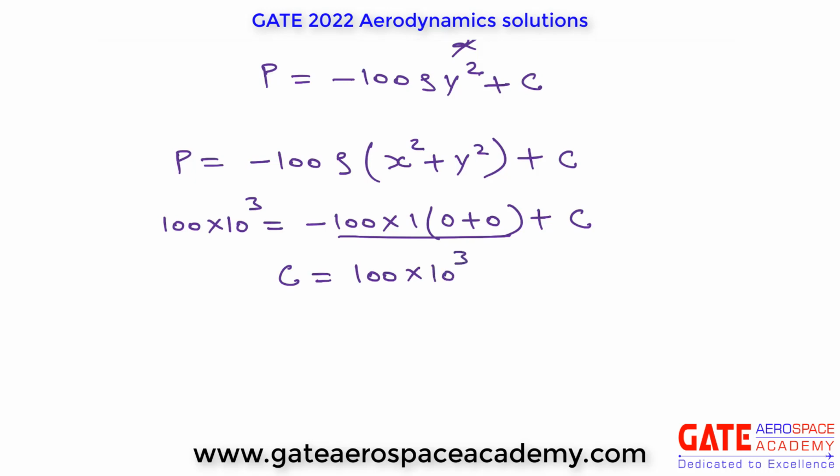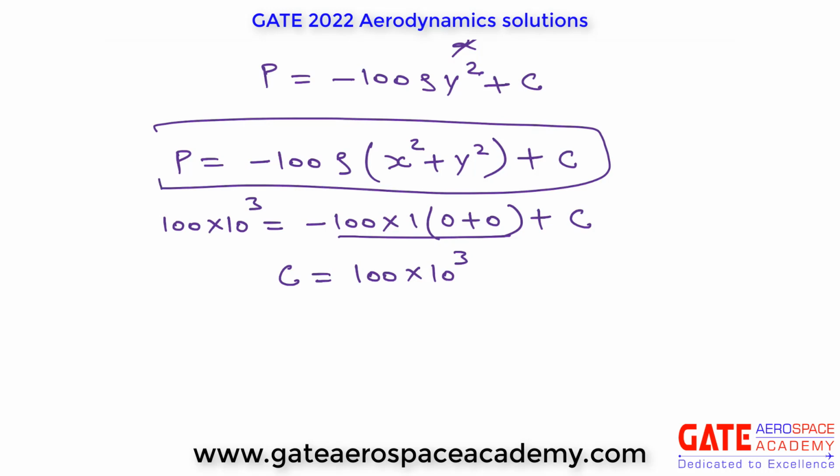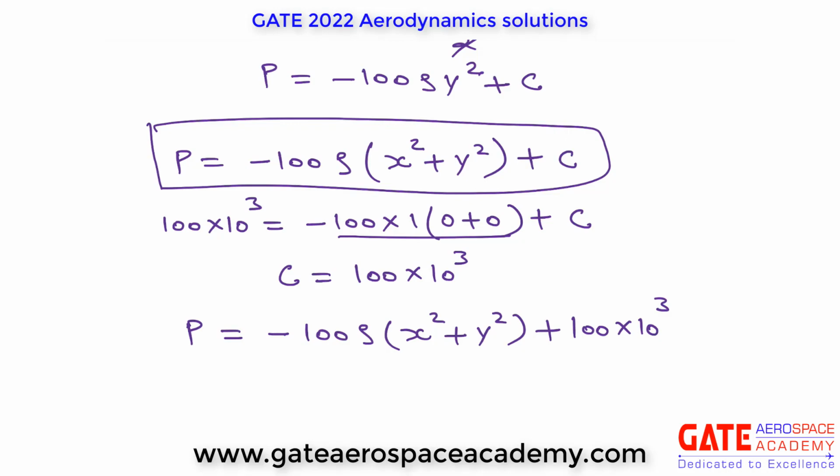So this expression, P is equal to minus 100 rho x square plus y square plus constant, that is 100 into 10 to the power 3. Now we can find out pressure at any location.